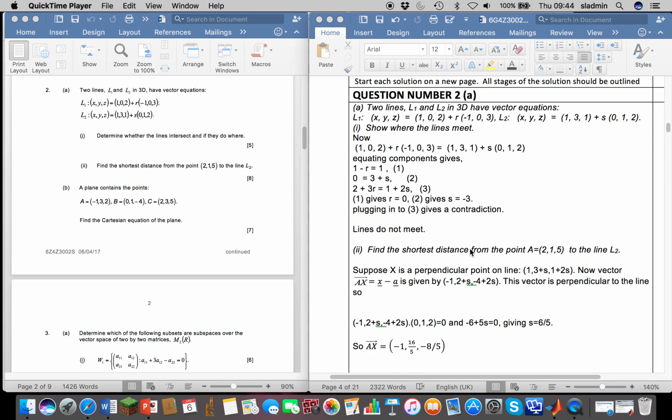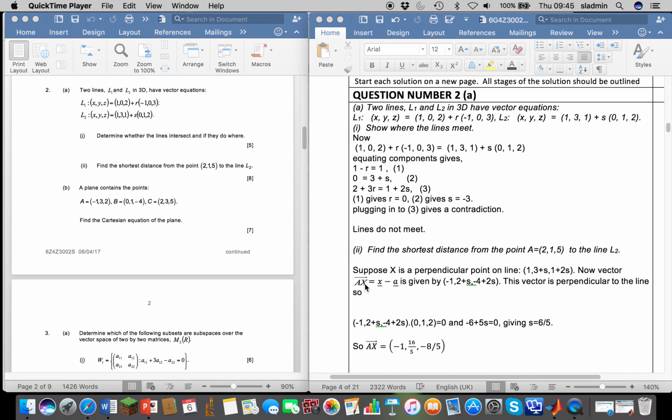To find the shortest distance from the point (2, 1, 5) to the line L2, we suppose that X is a perpendicular point on the line, and the line is given by 1 as the first component, the second component is 3 plus s, and the third component is 1 plus 2s.